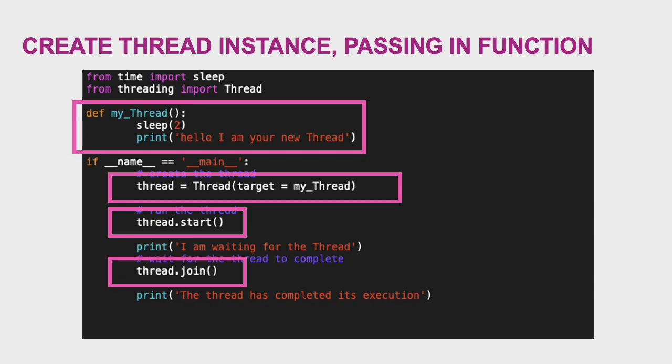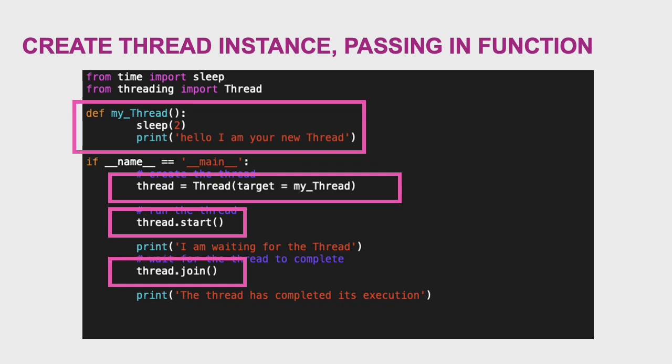Third, we activate the thread. We run the thread, and we do this easily by invoking the start method of the thread. Finally, we wait for the thread to complete with a join. Very easy, very straightforward operation, and there's not much to add.